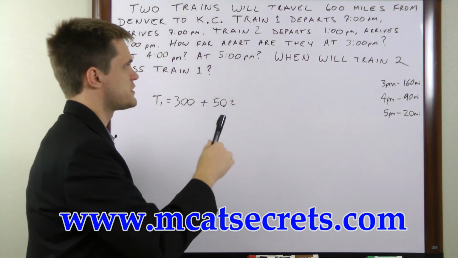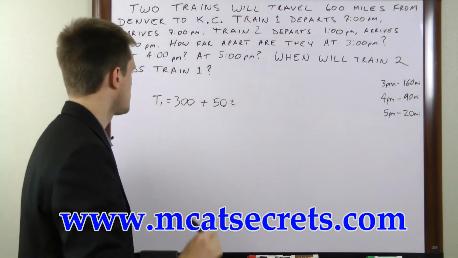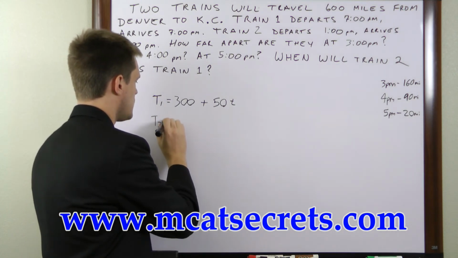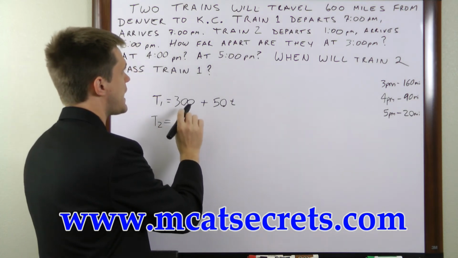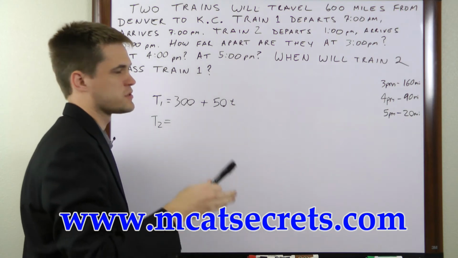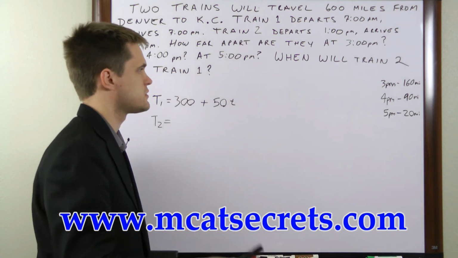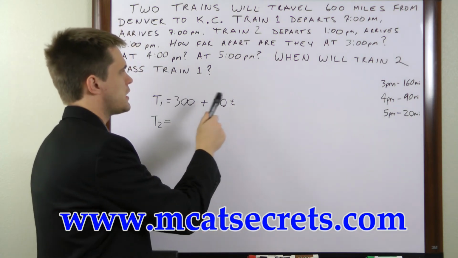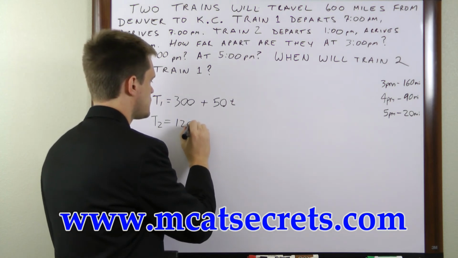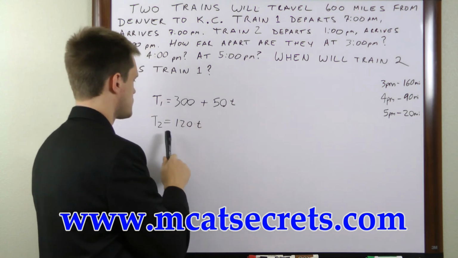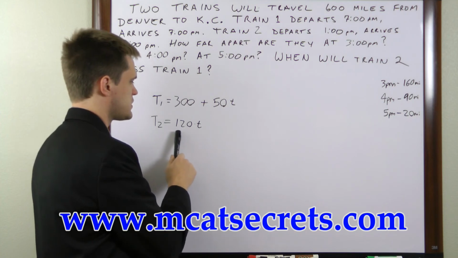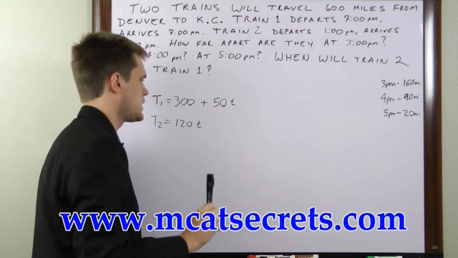And t is going to be our time from 1 p.m. on. Train 2, meanwhile, starts out at 0, because we're starting our time when train 2 starts. And train 2 is traveling at 120 miles an hour, so train 2's position is going to be described by 120 times t.